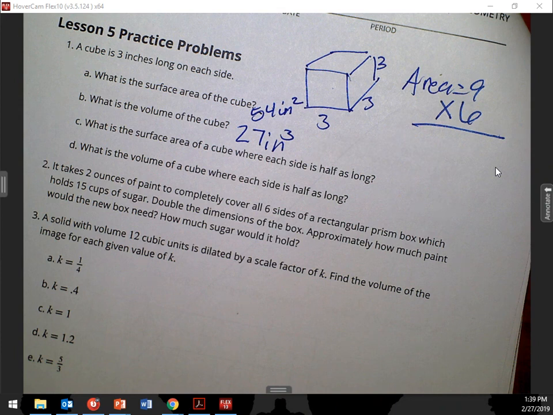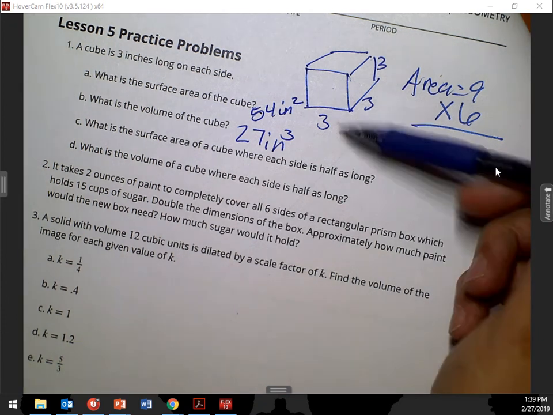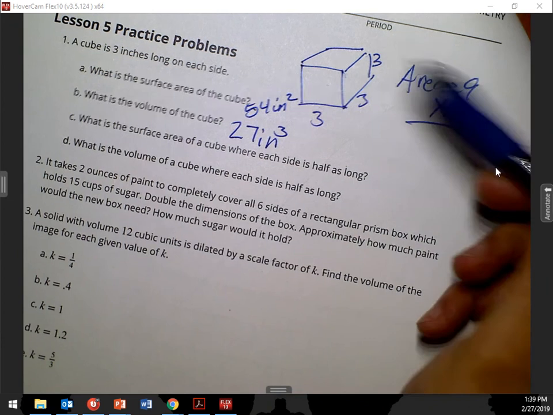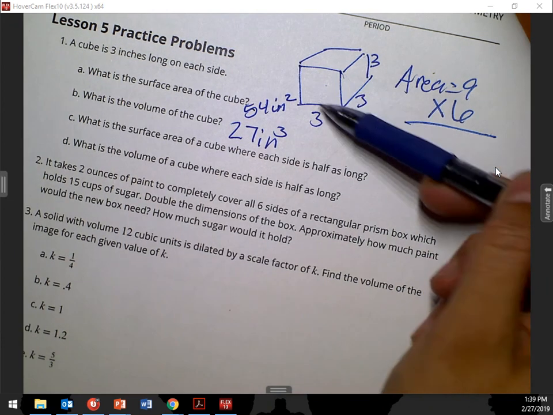What is the surface area of a cube where each side is half as long? Half of 54. Okay, surface area, so let's do a half for each one. What's half of 3? 1.5. Yeah. So it's actually 1.5 times 1.5, right?